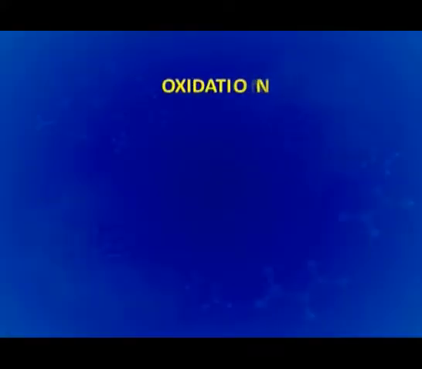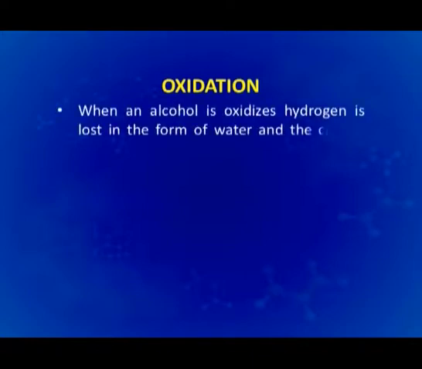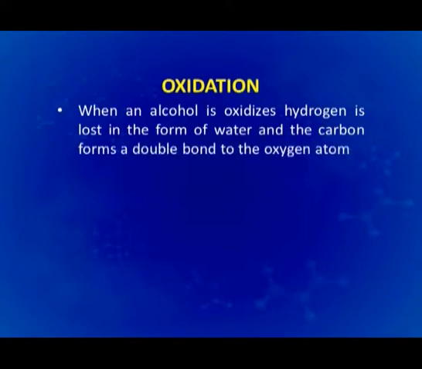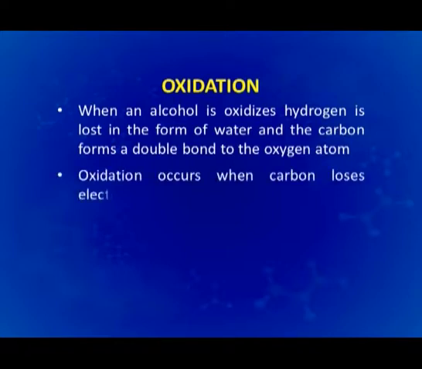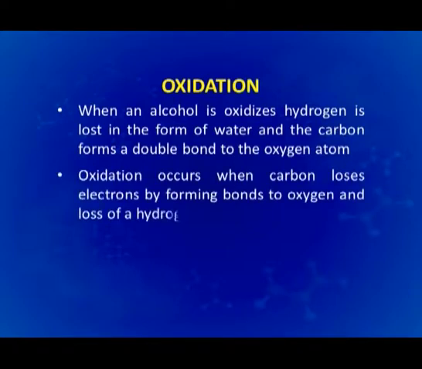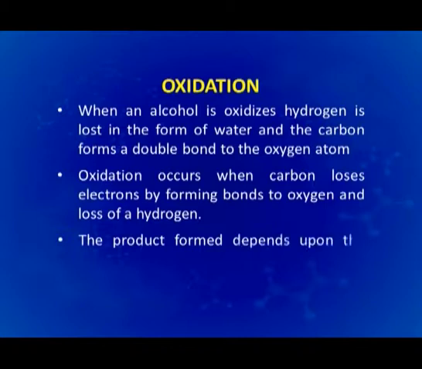And basically these are the important characteristic features of oxidation: when an alcohol is oxidized, hydrogen is lost in the form of water and the carbon forms a double bond to the oxygen atom. Oxidation occurs when carbon loses electrons by forming bonds to oxygen and losing a hydrogen. And the third one is that the product formed depends upon the number of hydrogens the alcohol contains.